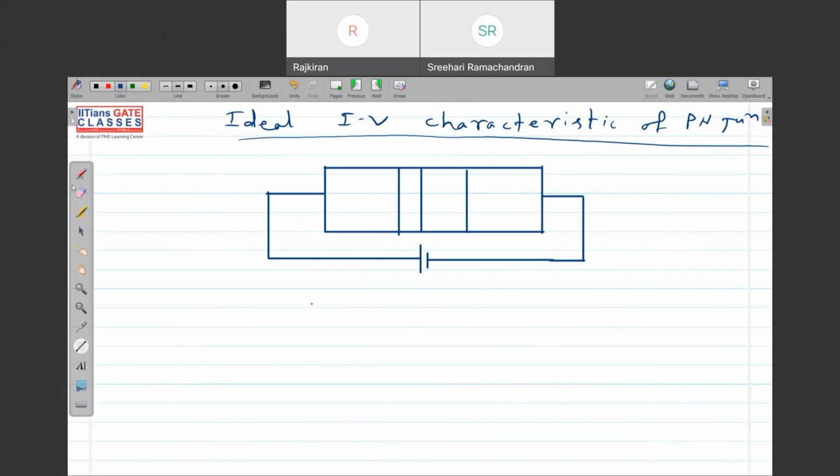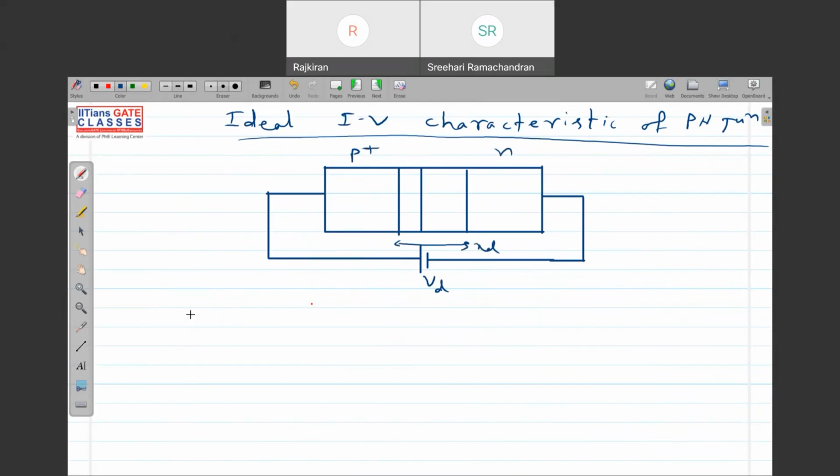This is my diffusion width. First you have to know what assumptions you have to make for deriving this, for a P plus N junction, to get the ideal IV characteristic.